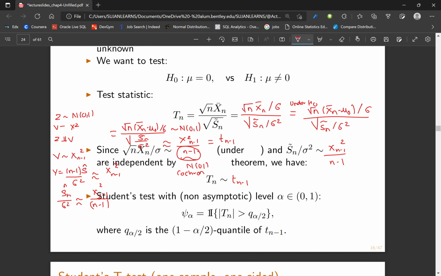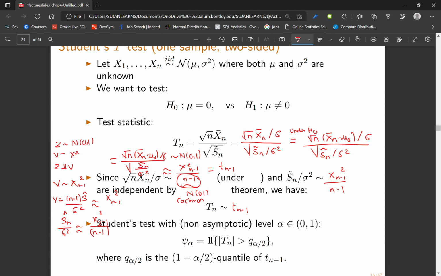In the end, let me quickly summarize what we learned today. We learned about the student's t distribution for an experiment where we have one sample and a two-sided test, H0 where mu is equal to 0 and H1 where mu is not equal to 0. We developed a test statistic where T n was equal to square root of n times X n bar divided by the square root of the unbiased variance S n.